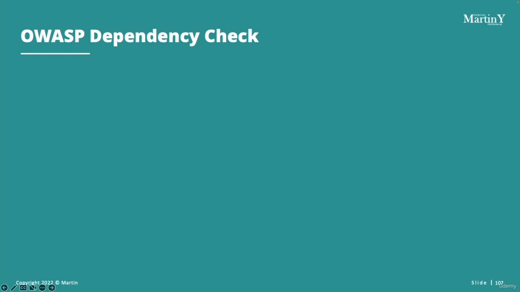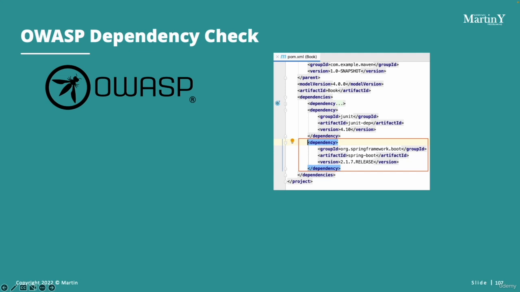So let's talk a little more about the OWASP Dependency-Check. OWASP Dependency-Check is an analysis tool that checks the dependencies in Docker images. It normally performs scans of the POM XML and the manifest files in Java projects, and in case you're using, for example, JavaScript, it would check the package.json file.